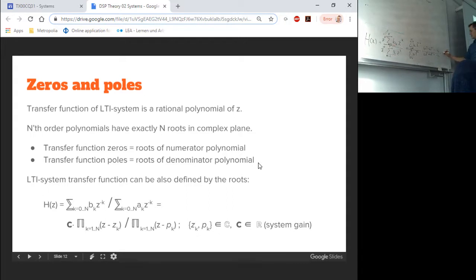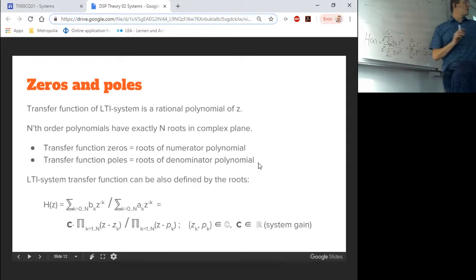In this form, what comes out is b0 over a0 and then a product of z minus zk over the product of z minus pk, k from 1 to n, k from 1 to n.